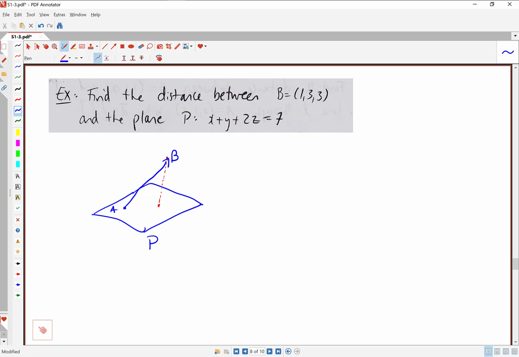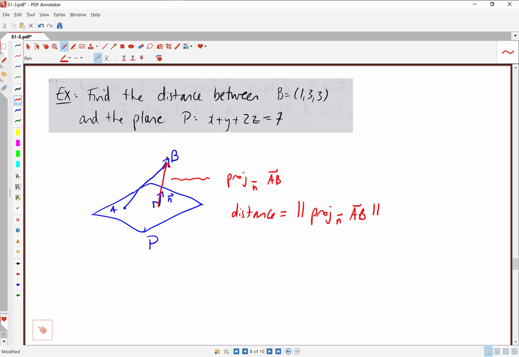We've got a normal vector that's perpendicular to our plane, and we'll be able to build this red vector here using a projection. So this red vector is going to be the projection onto n of our vector AB, and the length of this red vector is what we're looking for. So the distance is going to be the length of the projection onto n of AB.